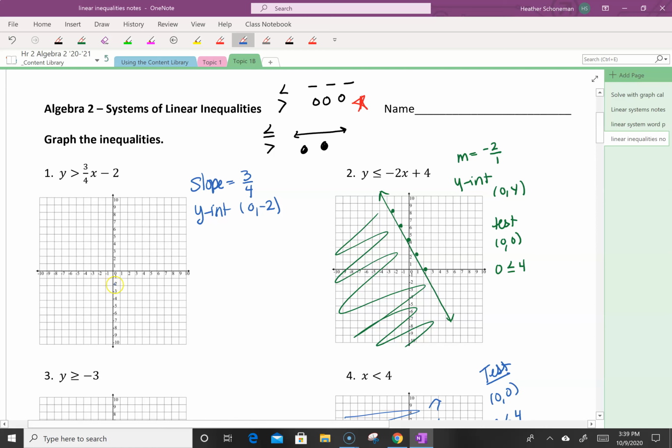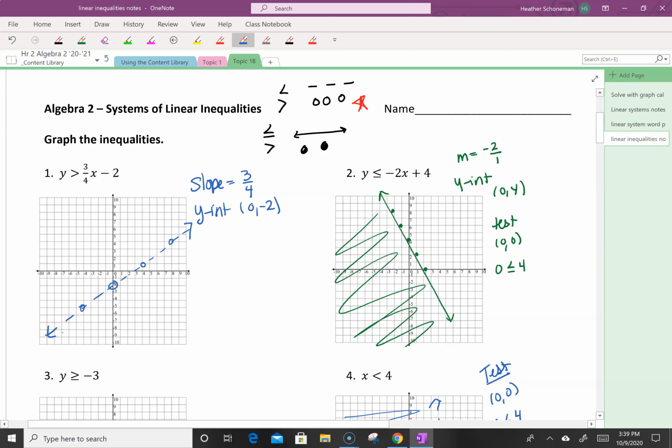So I'm going to start by making an open circle at -2, and then I'm going to use my slope to find more points. So I'm going to go up 3 and right 4. I could do that again, up 3 and right 4. Oops, that one got a little off. Okay, I could also go down and to the left. That would work just as well. Now that I've got a series of points, I'm going to connect them with a dashed line.